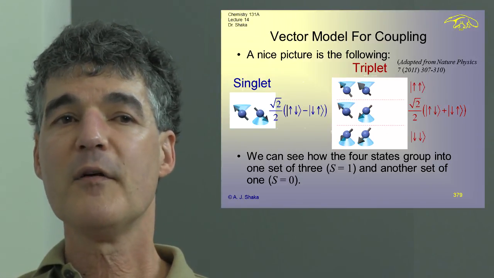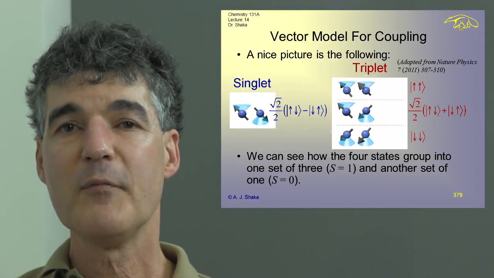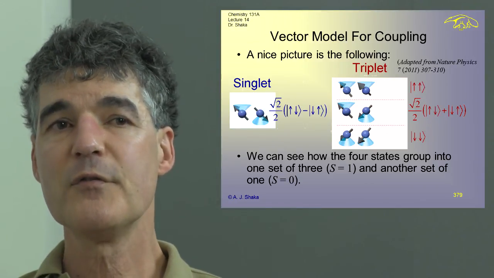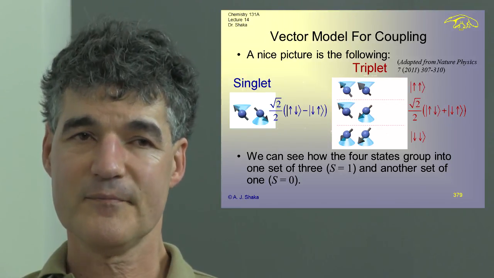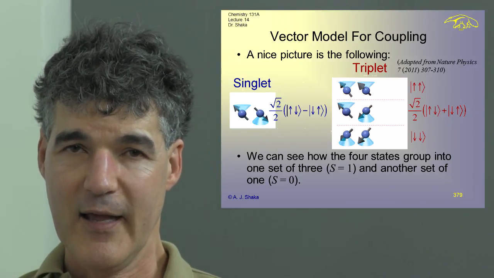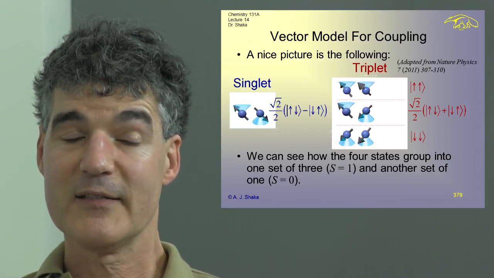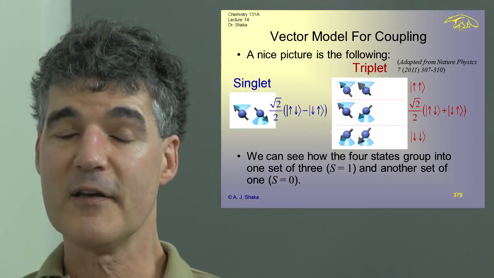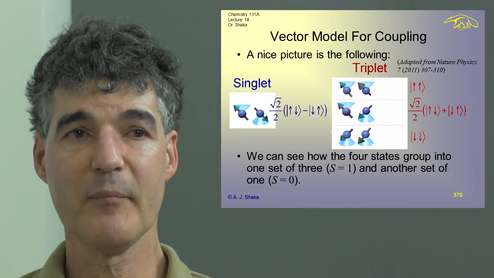Instead of calling one of them up-down and the other one down-up, you may notice that I have this root 2 over 2 (down-up plus up-down) for the triplet, and root 2 over 2 (up-down minus down-up) for the singlet. Why do we have to have them?